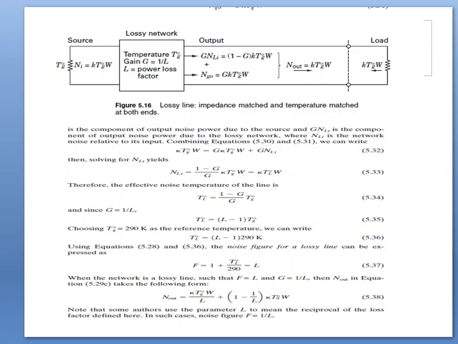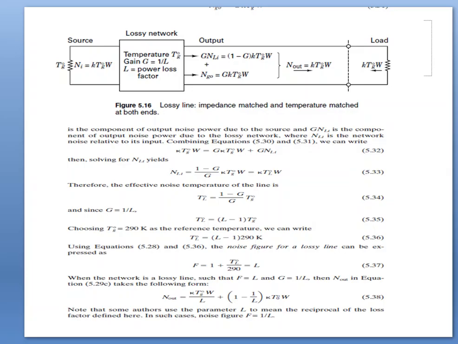N_gs is the component of output noise power due to the source, and G NL is the component of output noise power due to the lossy network, where NL is the network noise relative to the input.